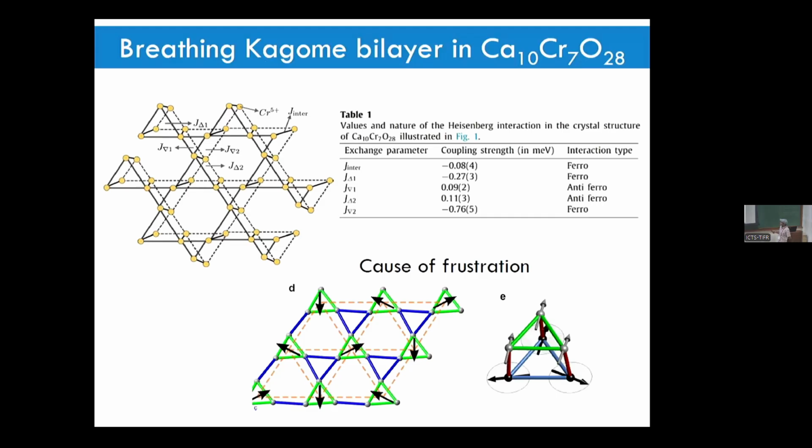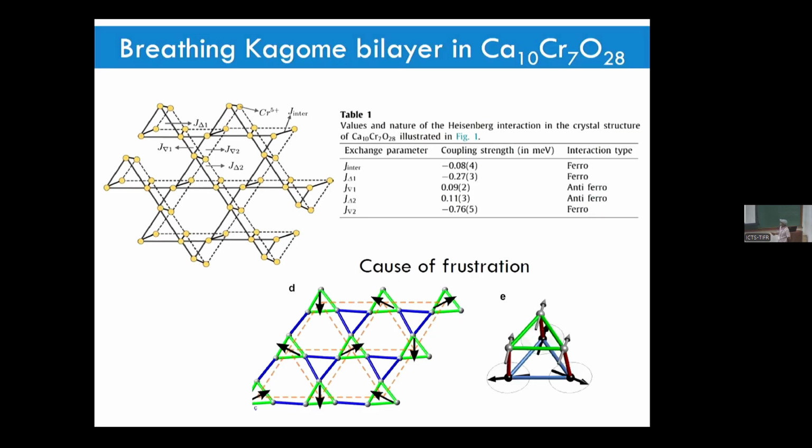And the down triangles in the up layer and the up triangles in the bottom layer are antiferromagnetic and weaker. So the point is, if I just look at one of the layers, as I cool the temperature down, the spin half chromium 5 plus will first couple into an effective spin 3 halves, which is then sitting on a larger triangular lattice. So if left to itself, if I just had this top layer, I would get spin 3 halves on a triangular lattice, which would give me 120-degree order.